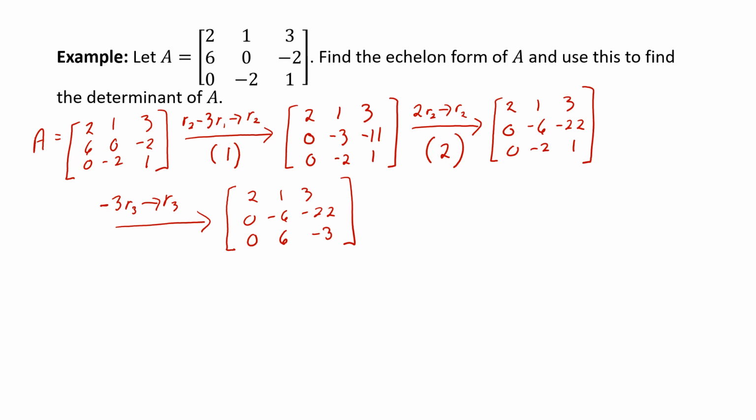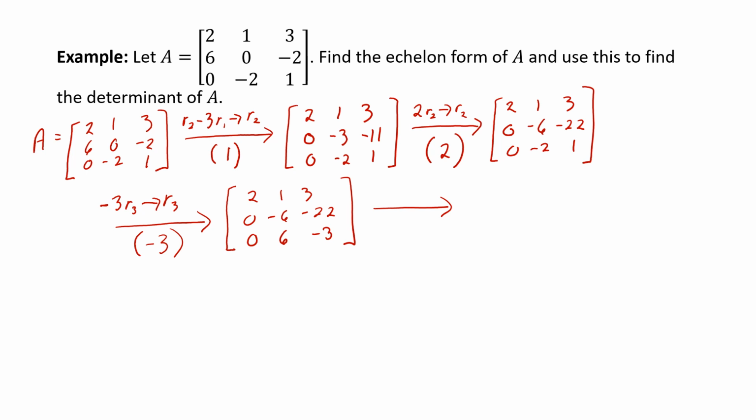I'm just being very careful to limit myself to what an elementary row operation technically is, to make sure I don't run into that problem that I mentioned where I'm using a coefficient other than 1 in front of a row operation for that third type. So what does that do? That has the impact of taking my determinant and multiplying it by -3.